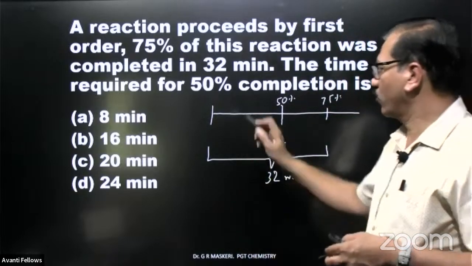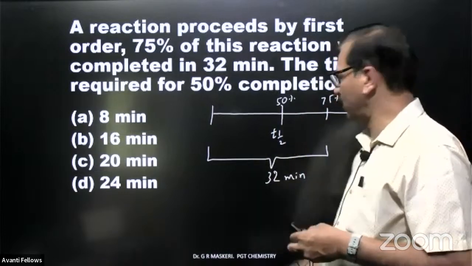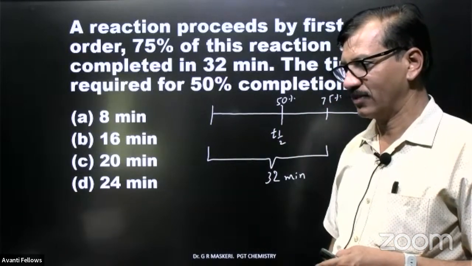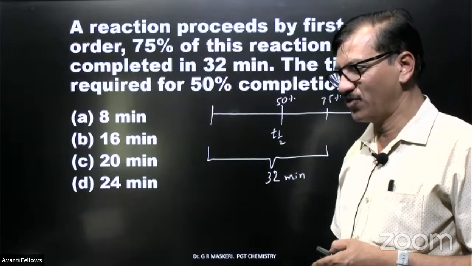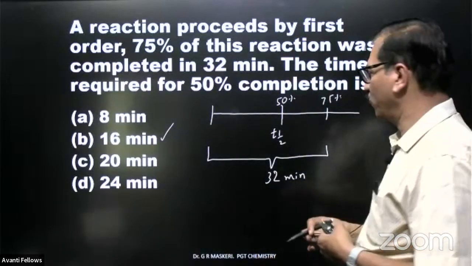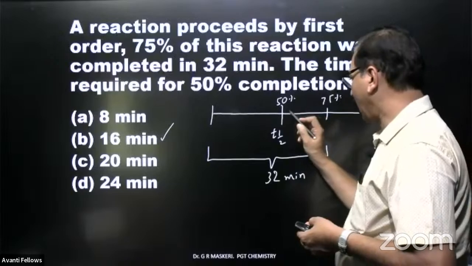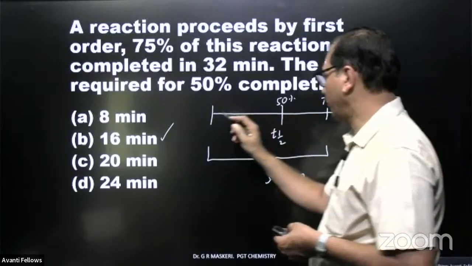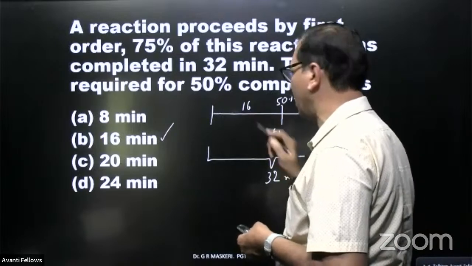So you are asked to find out the time taken for 50%. Option B is the right answer. It may be confusing for others. See, the time required for 50% is 16 minutes.